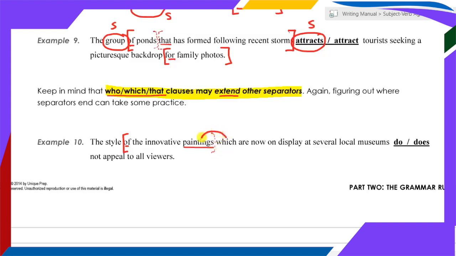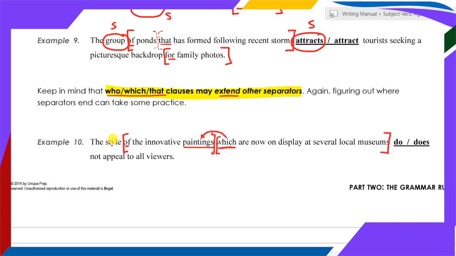However, this which comes in and starts a clause that adds detail to paintings. What paintings are we talking about? We're talking about paintings which are now on display at several local museums. So I'm not going to end my bracket after paintings. I'm going to capture that entire which clause that describes paintings. Again, if you had put 2 brackets in here, one there, that would have been fine. Not necessary, but perfectly fine.